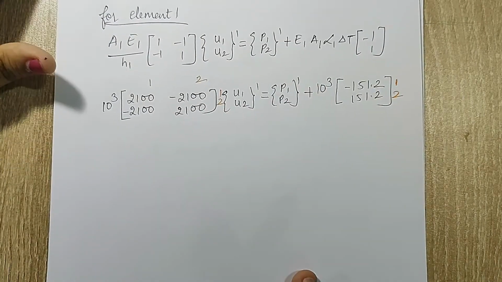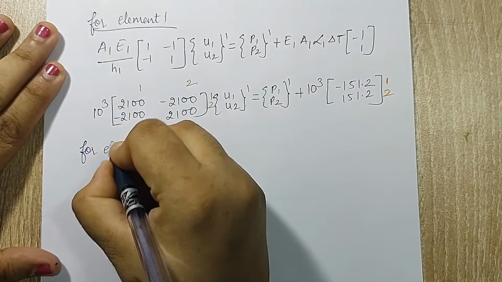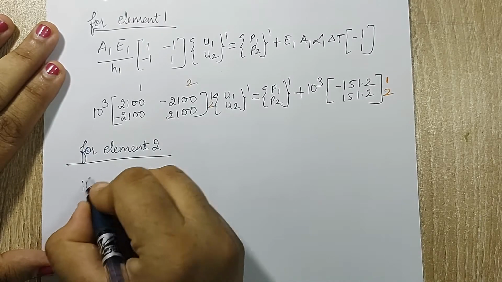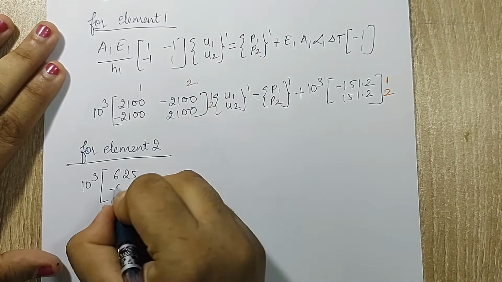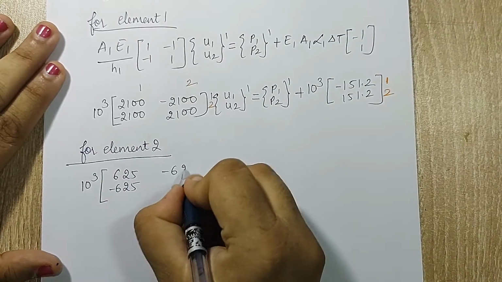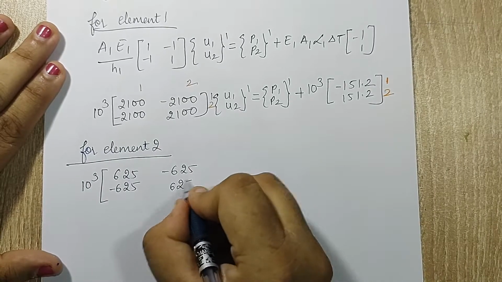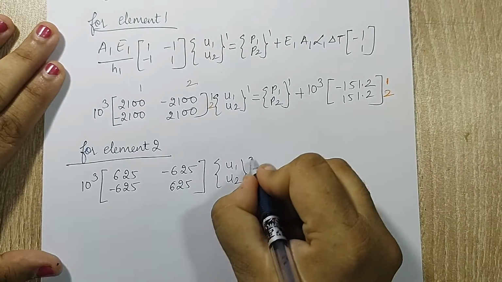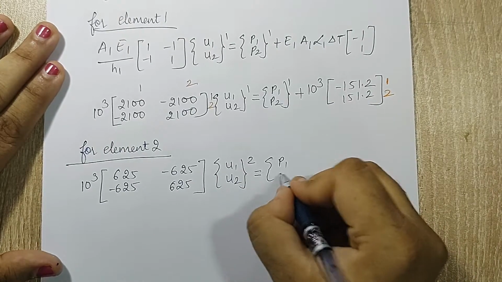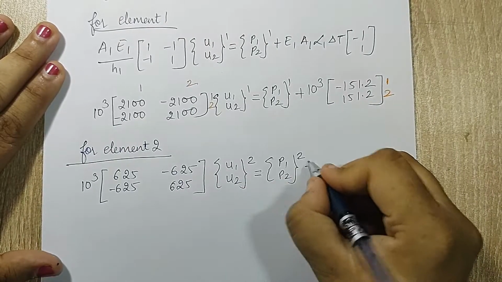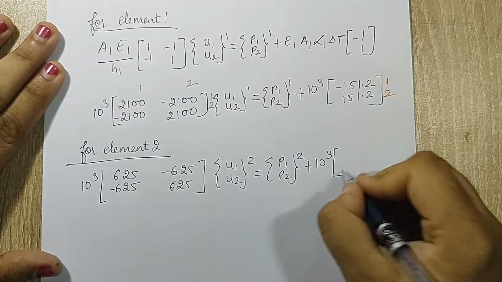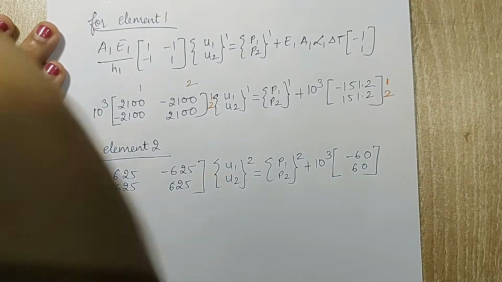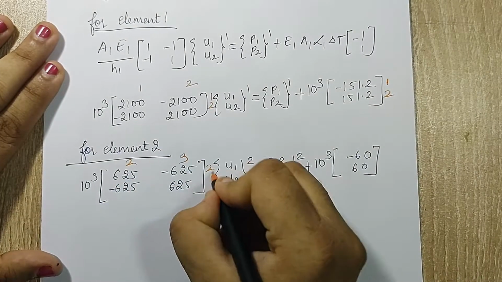Next I'll go for element 2 and 3. I get 10 raised to 3, and 625 is the number which is multiplied inside. And here I get minus 60 and 60. Element 2 is between node 2, 3.